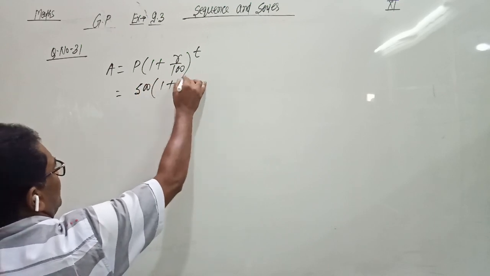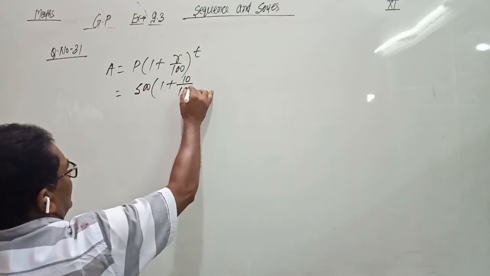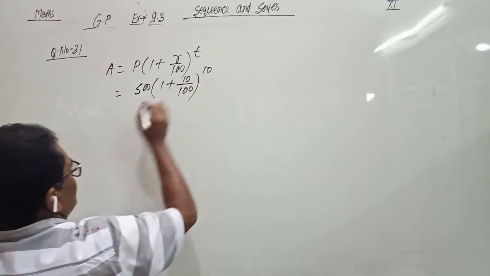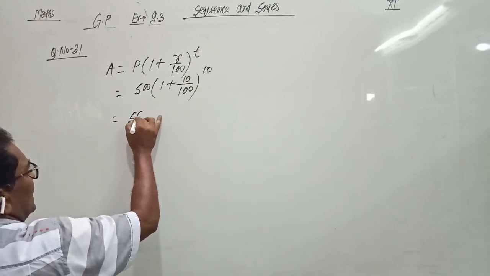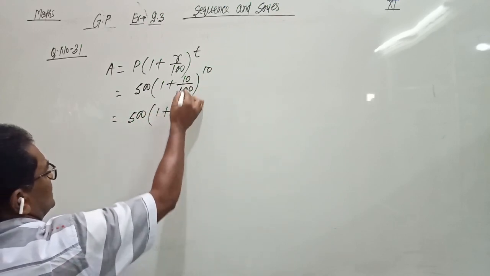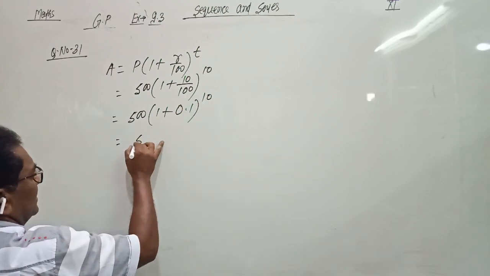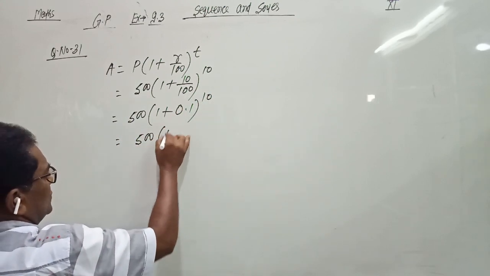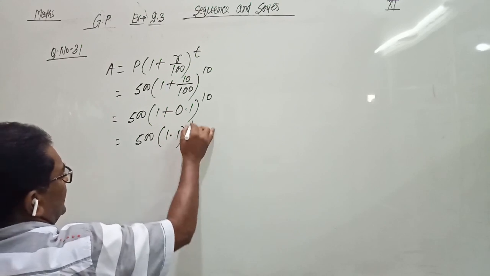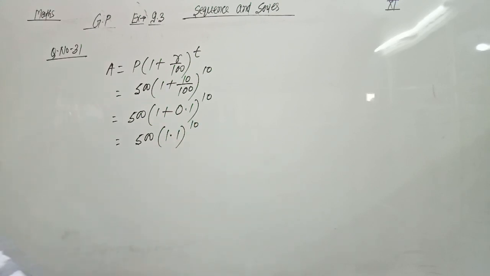Rate of percent is given 10, so 10 upon 100, time is given 10. So 500 into 1 plus 0.1 raised to the power 10. So 500 into 1.1 raised to the power 10. This is the amount after 10 years.